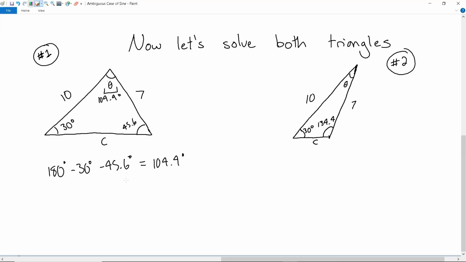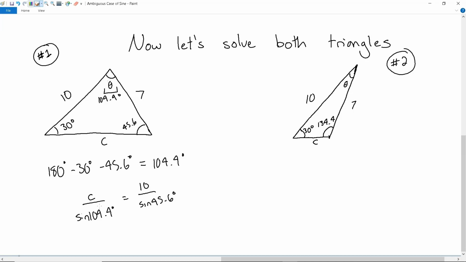And then to solve for side length C, it's pretty basic. We're just going to follow sine law. You could also use cosine law, but I find it's just a bit more tedious, and whenever I have the choice, I tend to go with sine law.